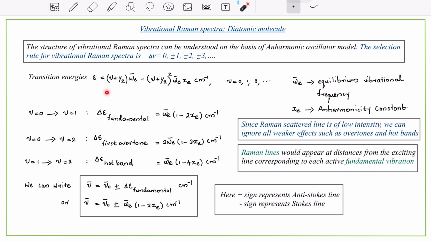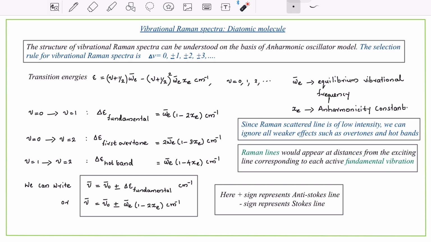In the anharmonic oscillator model, we have seen that the transition energies are given by (ν+½)ω̄e − (ν+½)²ω̄e xe, where ν equal to 0, 1, 2, etc. are the vibrational quantum numbers. ω̄e is the equilibrium vibrational frequency, and xe is the anharmonicity constant.